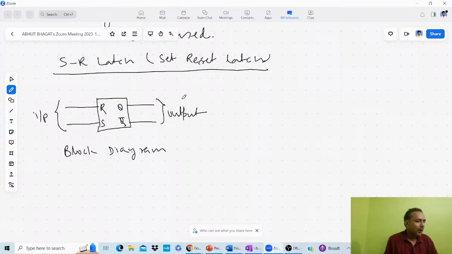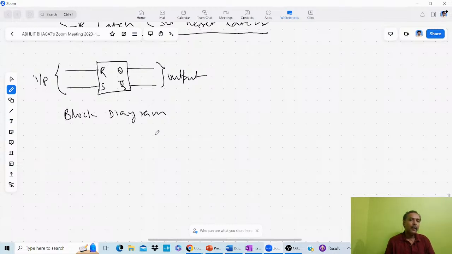Next, this SR latch is designed using NOR gates or NAND gates. First, I will discuss the NOR based SR latch.